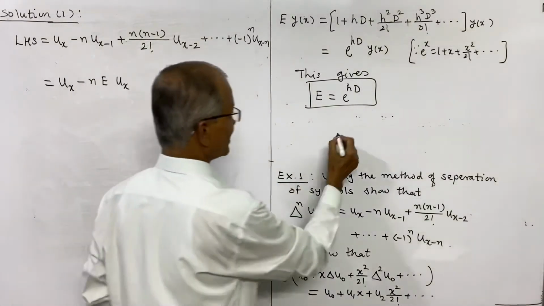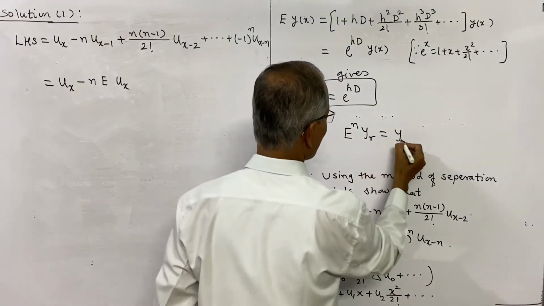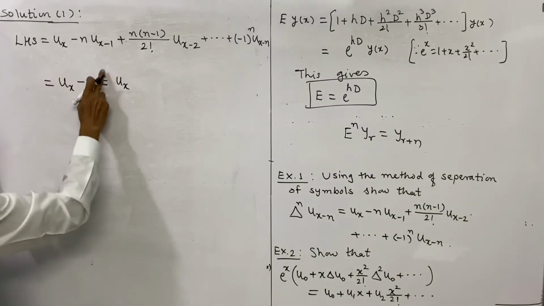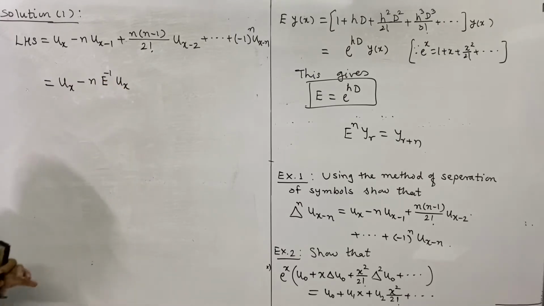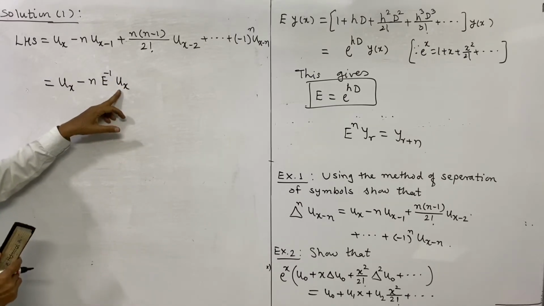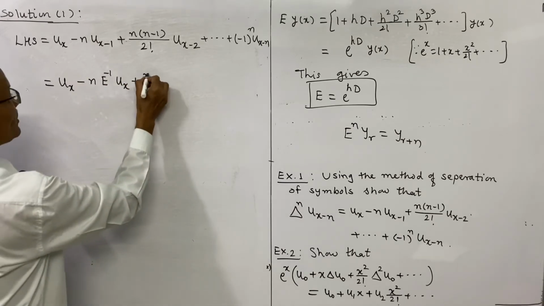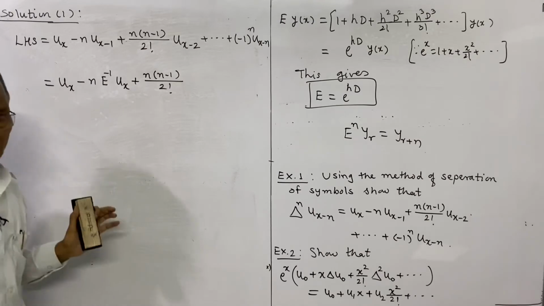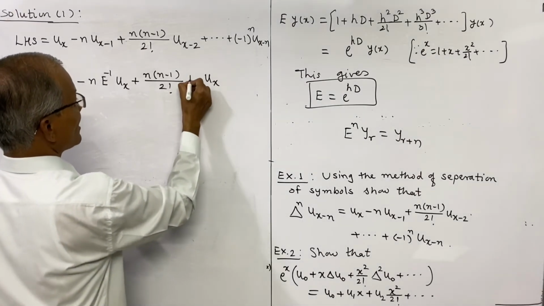We have the relation E power n of y r is equal to y r plus n, the sum of these two, and the sum of these two must be x minus 1. So this must be minus 1. E power minus 1 of u x, that is u x minus 1, plus next n into n minus 1 divided by 2 factorial, and likewise this is to be written in terms of u x with E power.